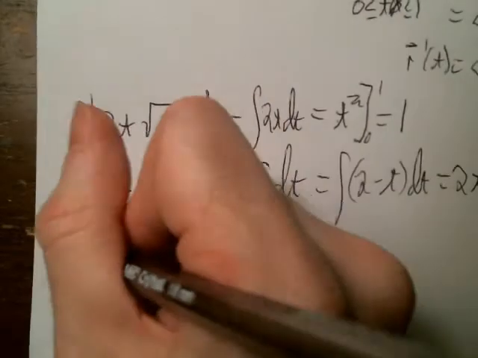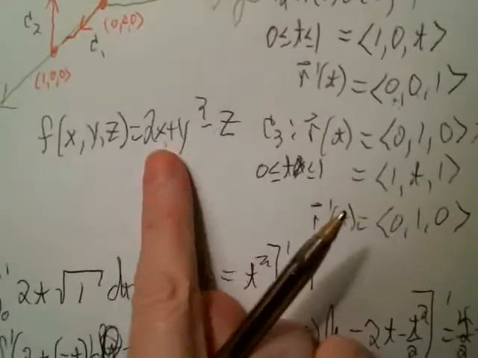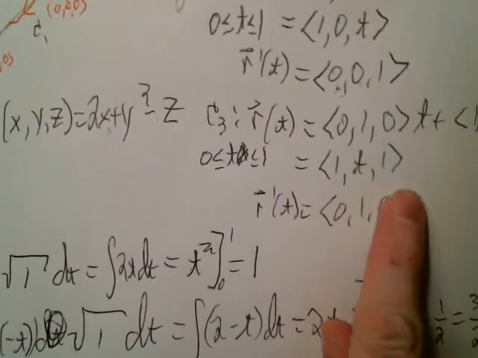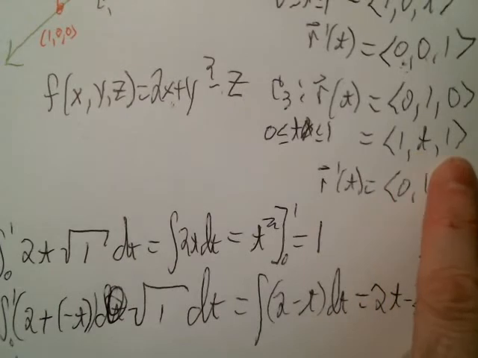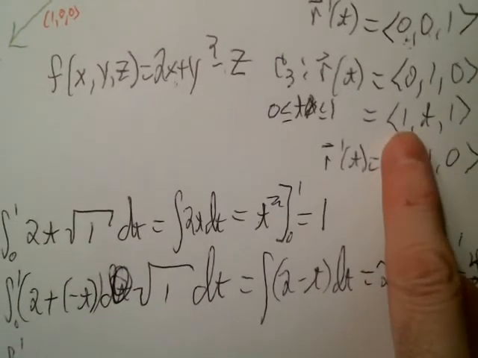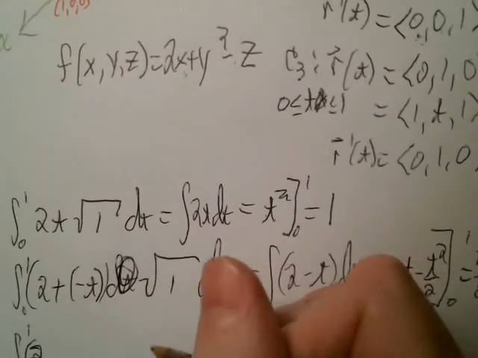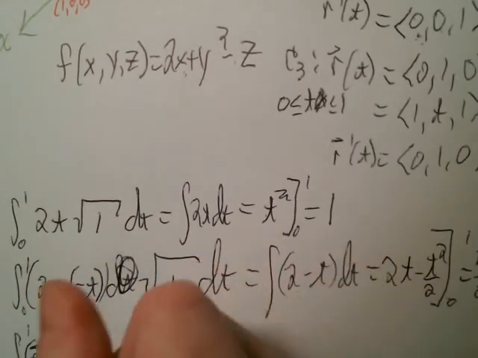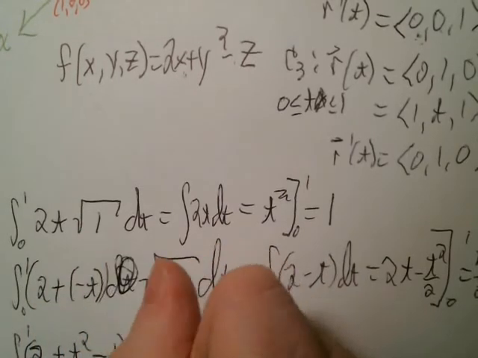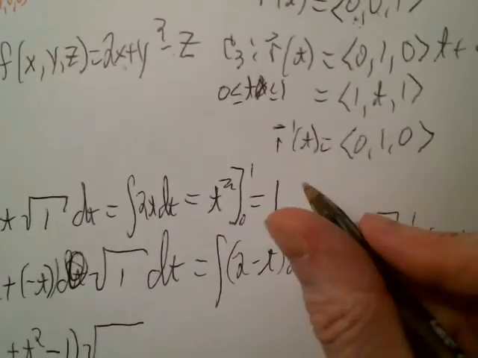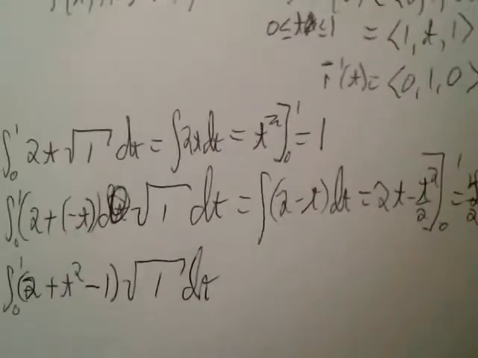Next, third one, 0 to 1. This time I'm replacing x, y, and z here with these x, y, and z's. So x is now 1, y is t, z is 1. So I'll have 2 plus t squared minus 1, and then times the square root of 0 squared plus 1 squared plus 0 squared is just 1 again, and then dt.